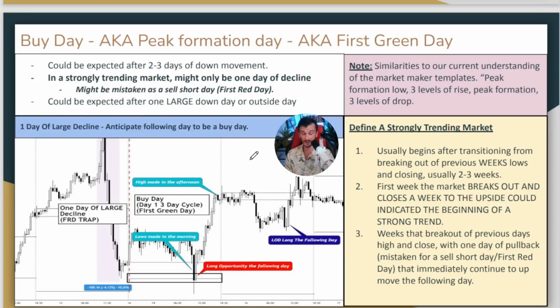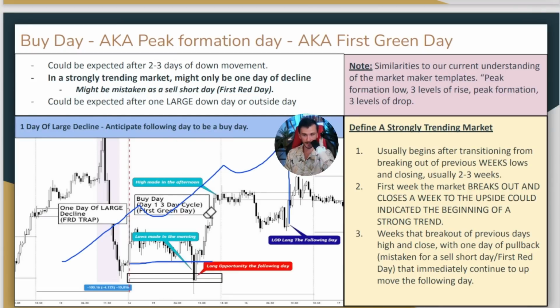Taylor has a very similar way of saying things, where if you have a trend, or a higher time frame trend, and one large down close day, which would be like your 3 levels of drop all in one day, then you can expect a buy day on the following day. Now, this is a very repeatable pattern, and don't take my word for it, go look.